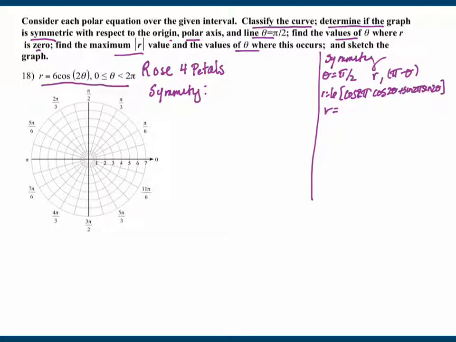So I got r equals 6, cosine of 2 pi is 1, so I have cosine 2 theta plus 0. So r equals 6 cosine 2 theta when I use r and pi minus theta. So theta equals pi over 2 is one of the symmetries. Let's see if it has any other ones.